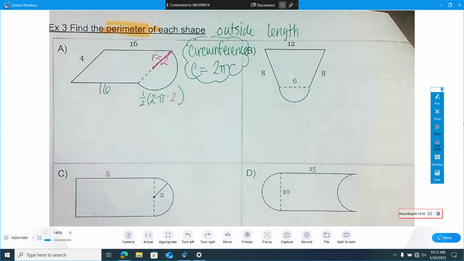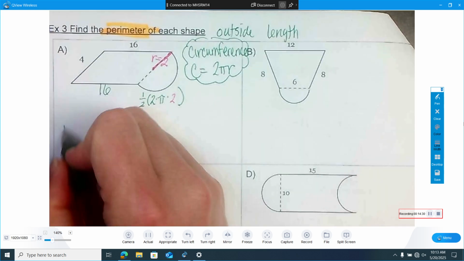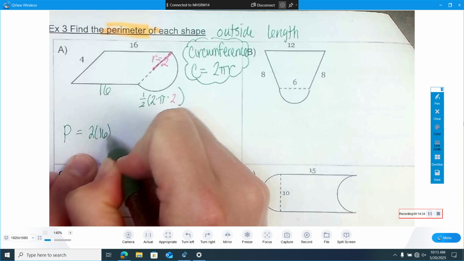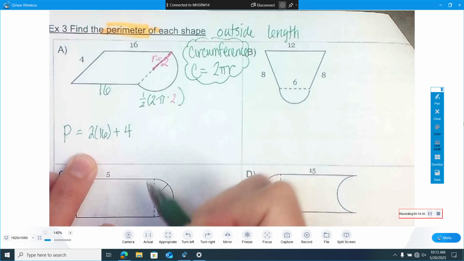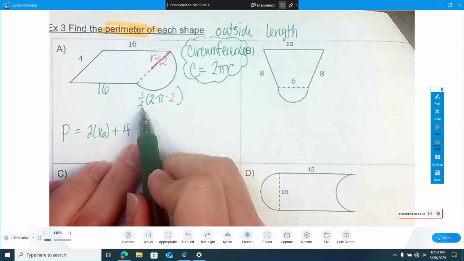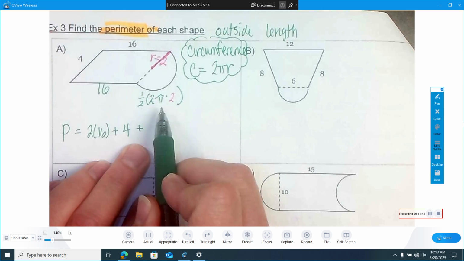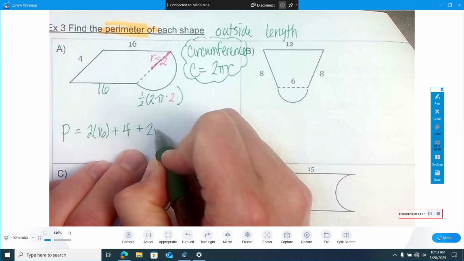So I'm just labeling my picture, and then I can add the perimeters all together. So we have 2 16s plus a side of 4. And what happens with the 1/2 times 2? 1. So it's just 1. Okay, so then we're just left with 2 pi.